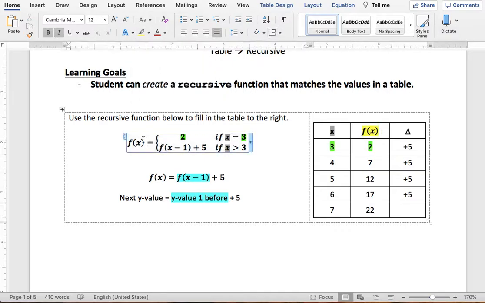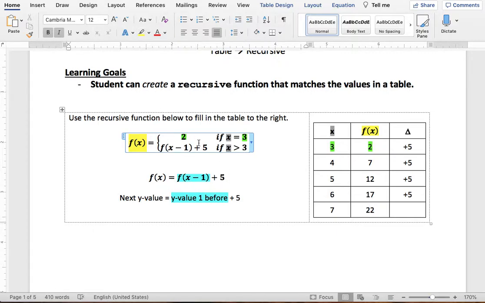This f of x matched this f of x. Okay, apparently I can't highlight that. But that f of x matched this f of x right there. And maybe I can just highlight the f. Nope, okay. Okay, there we go.